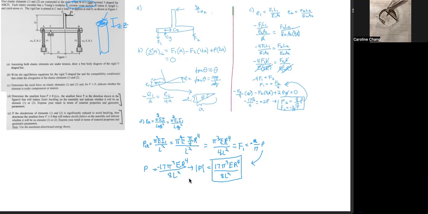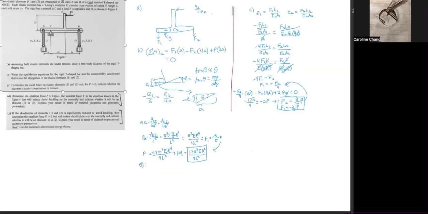Now we can move on to part E. And I think in this problem, we didn't consider out-of-plane buckling, which is buckling in the z direction of member 1, because when considering out-of-plane buckling, both of these ends would be as if they're fixed.